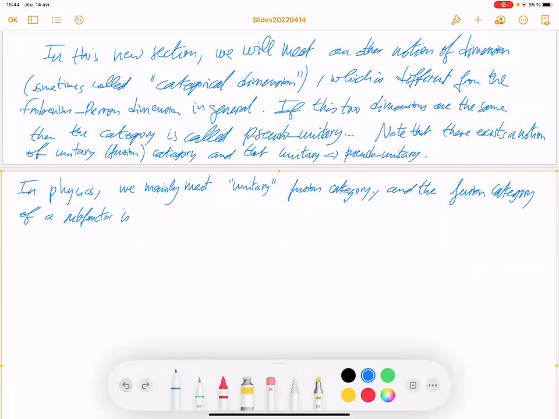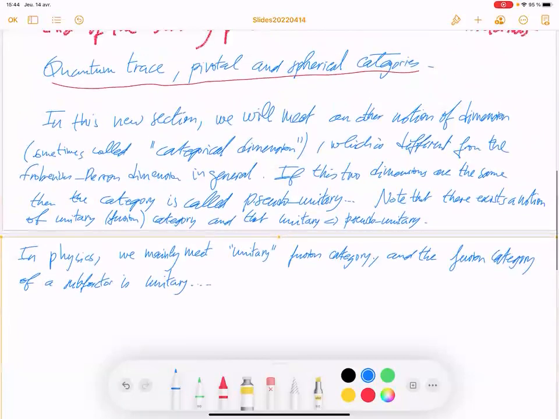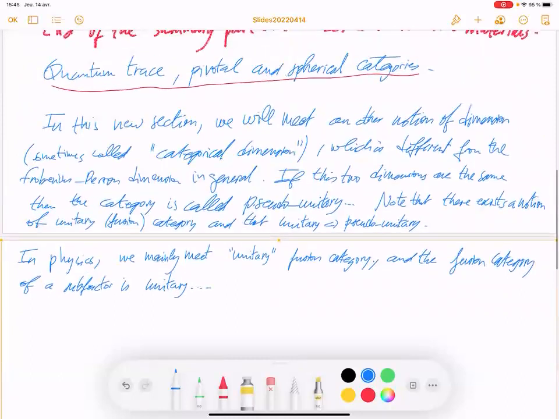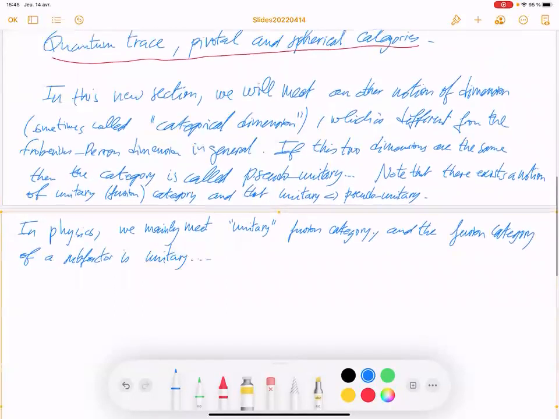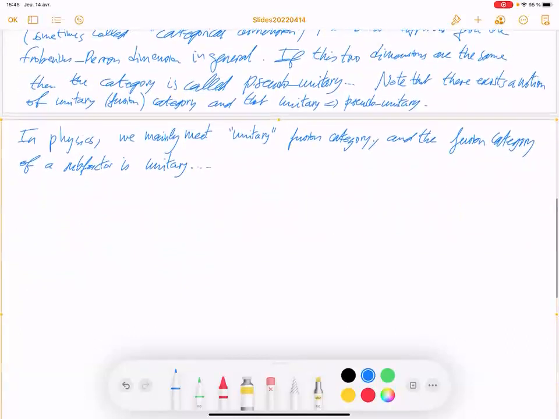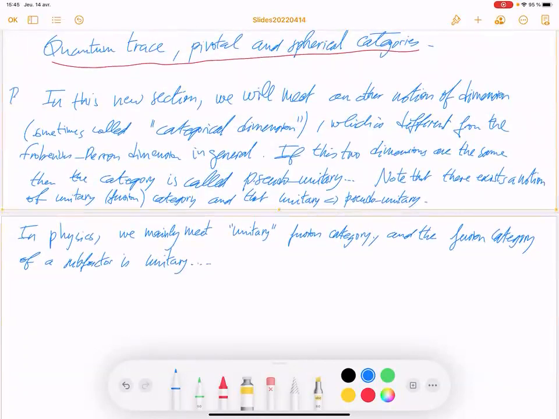So I did not define what unitary is here, but you can understand unitary as something you can meet in physics and in analysis. Anyway, so this is the end of the introduction part. End of the remark. It's a big remark.